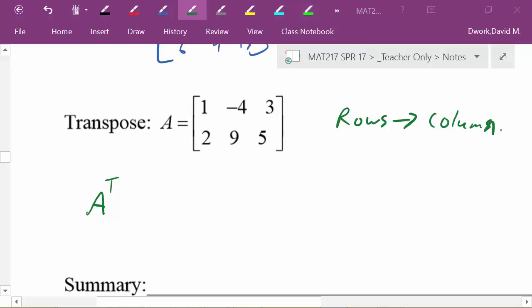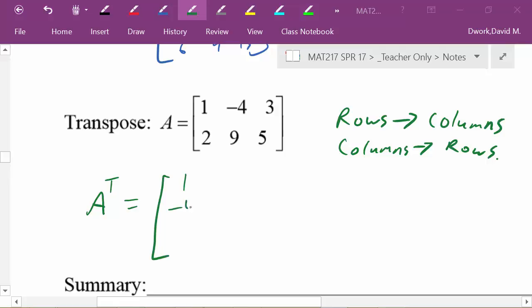And similarly, when you're doing that process, your columns will then become your rows. It's not hard, just as long as you remember row 1 becomes column 1, row 2 becomes column 2.